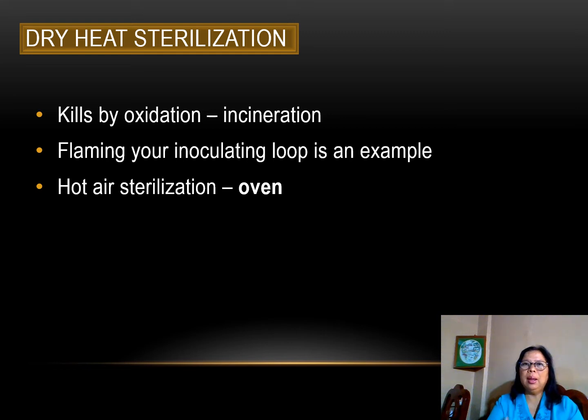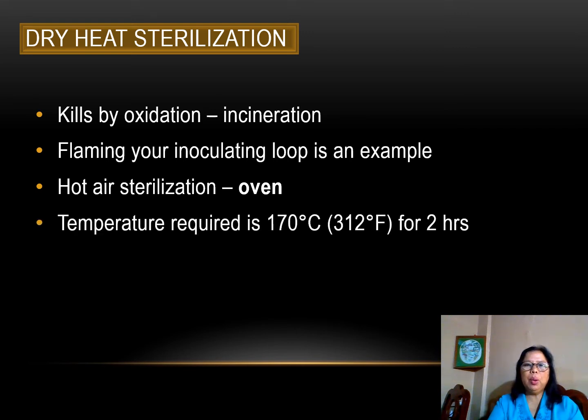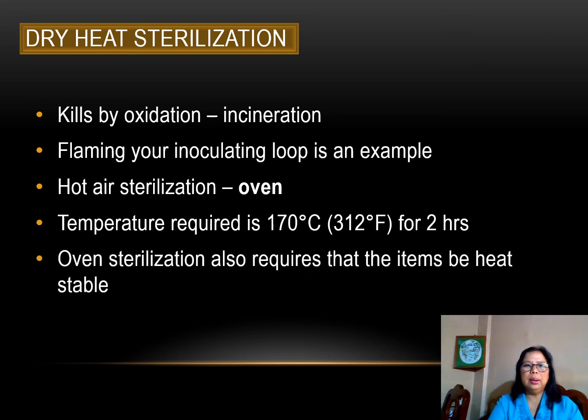They were already in the process of sterilizing their glasswares using both autoclave and oven. Temperature required is 170 degrees centigrade for 2 hours. Oven sterilization also requires that the items be heat stable.